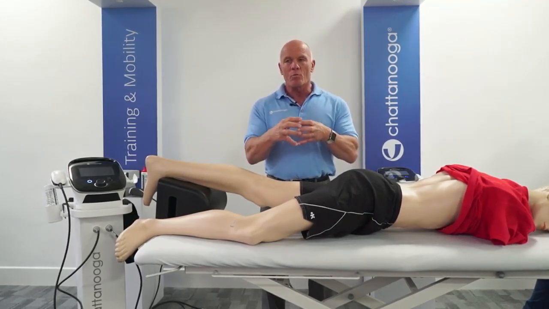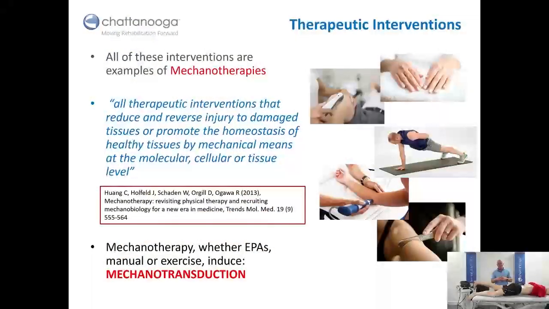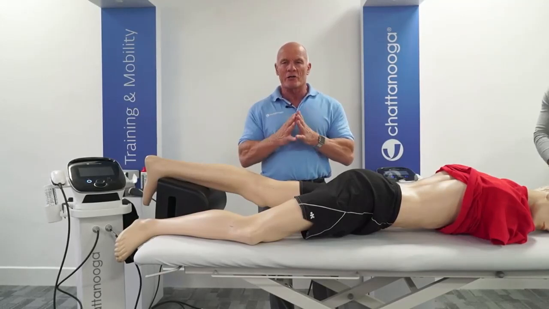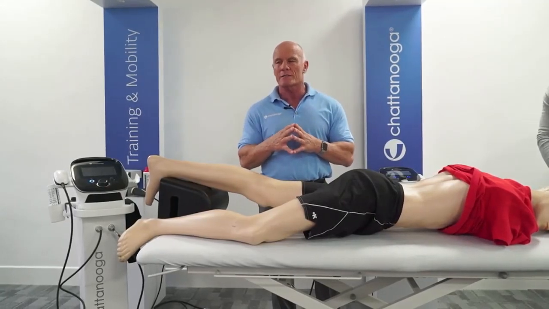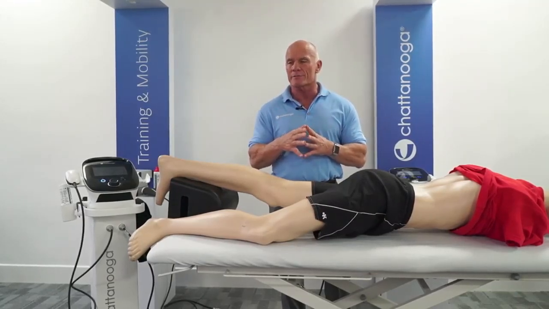What we're doing with radial pressure wave is influencing things at a cellular and molecular level, and this is referred to as mechanotransduction. If you want to know more about this, Chattanooga run a host of international educational webinars which you can sign up to.